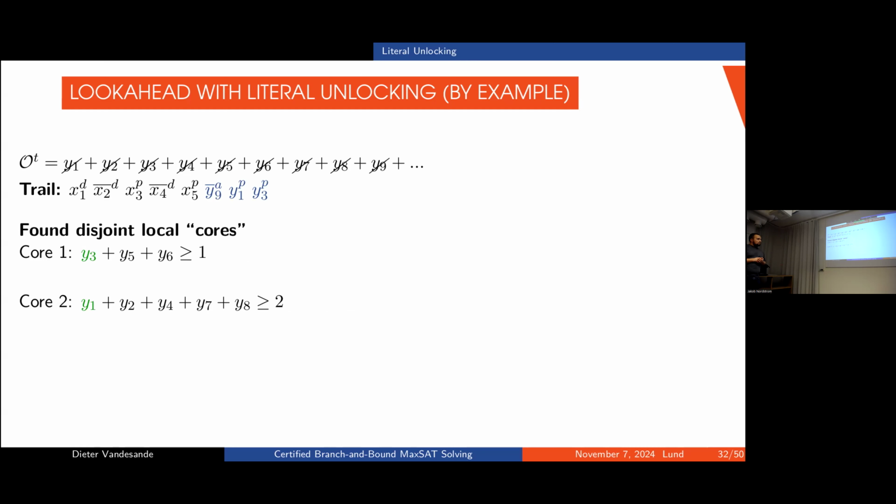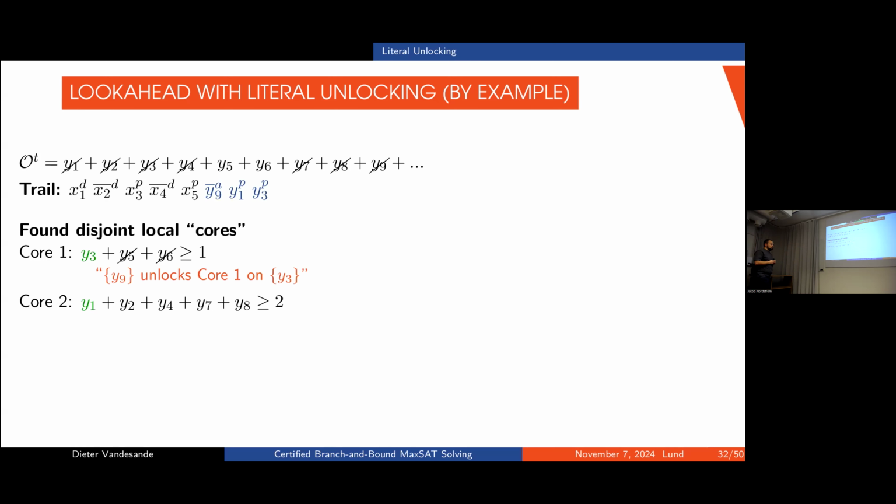So what will be done first is MaxCDCL assumes a not yet assigned objective literal false, and that propagates y1 and y3 to be true. But if you look closely at the first core, you can see that this core is already satisfied. So at this moment, we say that y9 unlocks core 1 on y3.